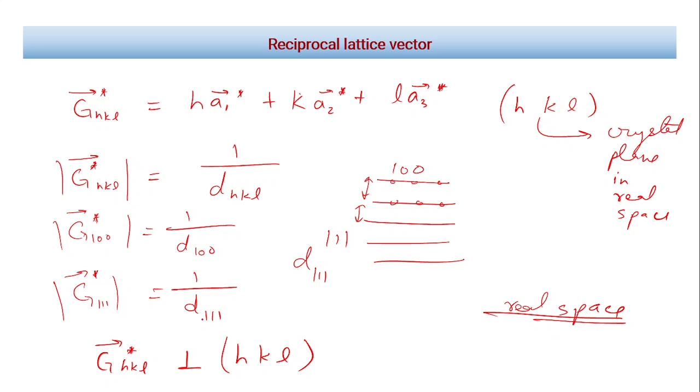And when I define my translation vector in reciprocal space, we find that it is perpendicular to the hkl planes, and its magnitude is the inverse of the interplanar distance between those hkl planes. There is a very interesting relation between them.